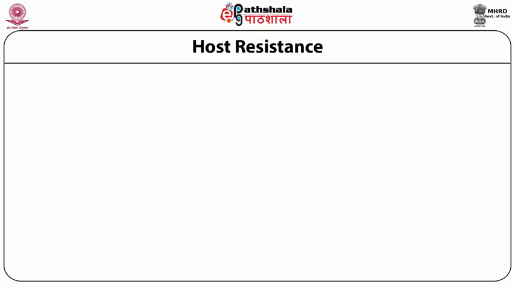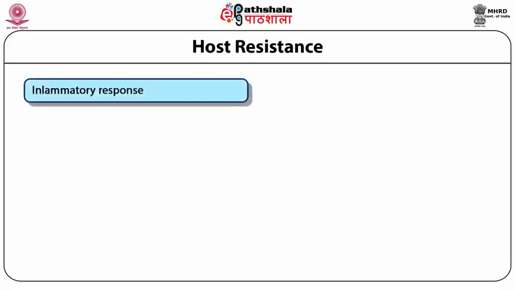Apart from external and internal resistance mechanisms, hosts have certain other mechanisms also, such as inflammatory response. Whenever a pathogen enters the body, the body will exhibit inflammation against it. Inflammation involves an increase in temperature of the body and localization of the pathogen.